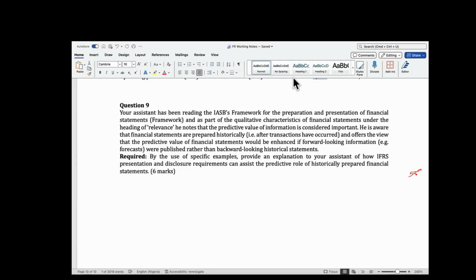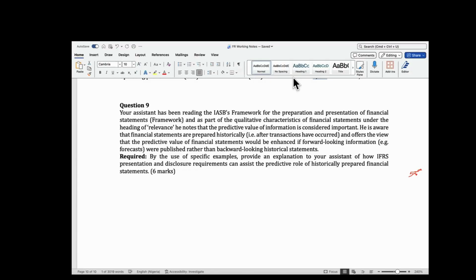That also helps with predictive value, because by the time a segment that you are planning to sell, you're already disclosing it separately, people will be able to see that this entity is planning to sell a segment, and they can make appropriate decisions. Not only that, the assets of that segment, you would then call non-current assets held for sale. Or if they are a group of assets, you call them a disposal group. That also helps with predictive value.